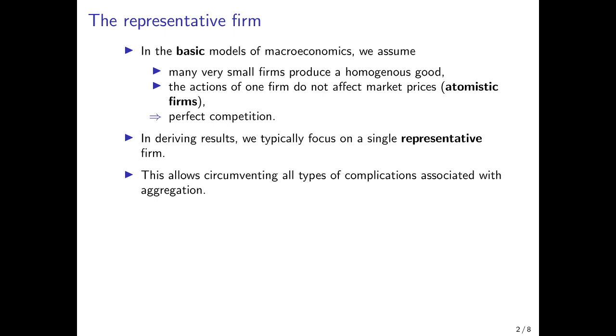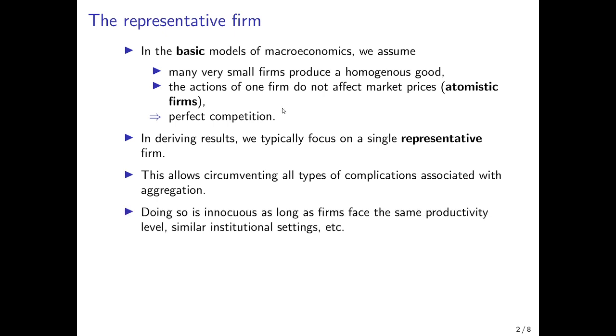If we treated many different firms, we would have to aggregate over all of these firms to come up with aggregate employment and the aggregate capital stock in the economy and so on. But if these conditions are fulfilled, we can just assume that the production side of the economy is represented by one single representative firm that, however, does not have any market power.